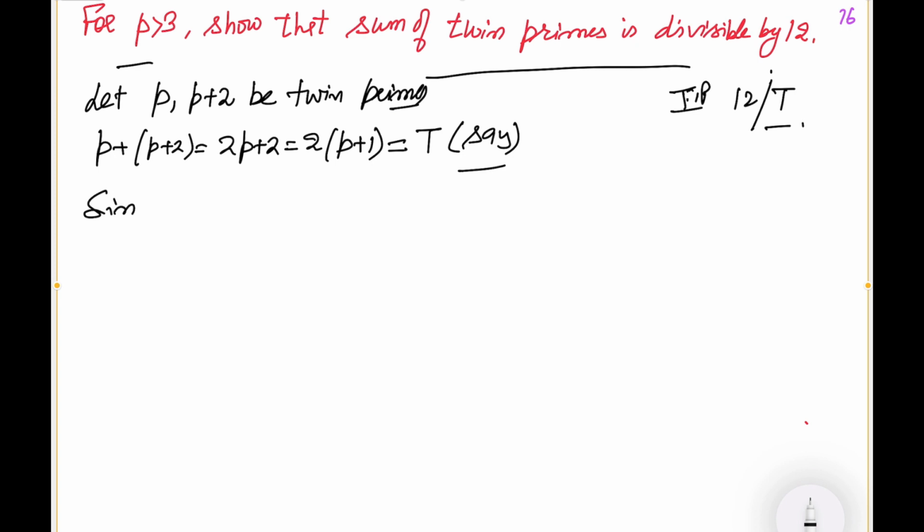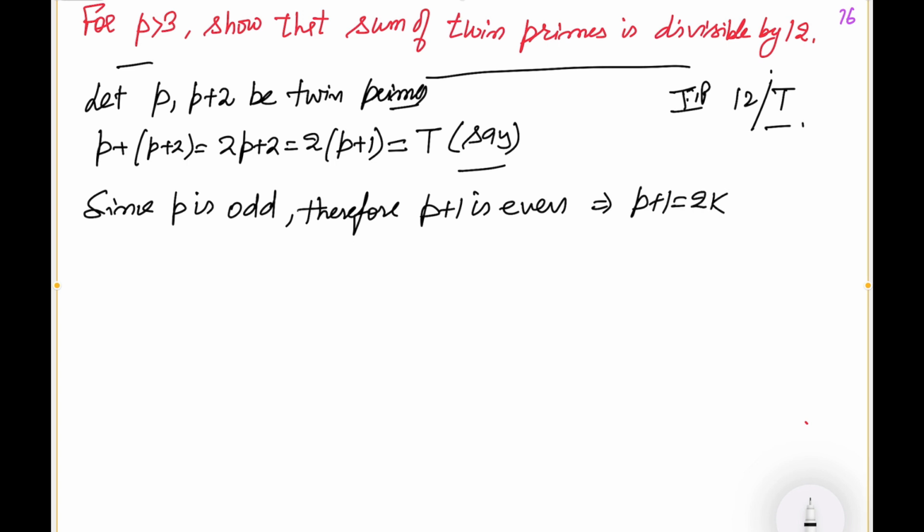Since p is odd, therefore p plus 1 is even, which further means p plus 1 is 2k for some k belonging to Z. So as t is 2 times p plus 1, putting the value of p plus 1 here, it is 4k, which clearly means 4 divides t.